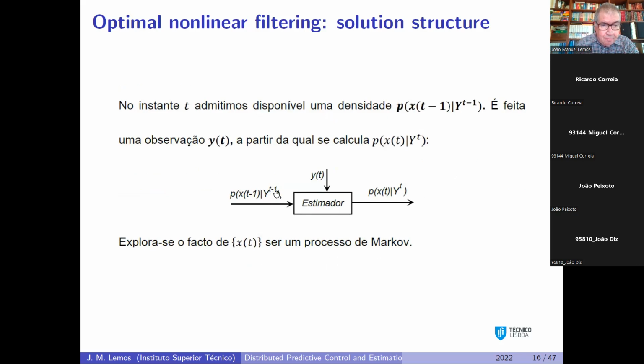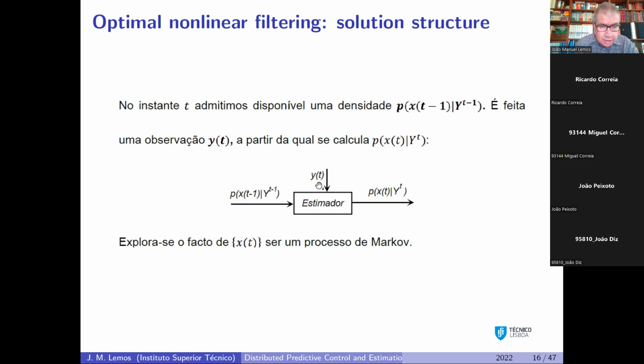Then you make the current observation yt, and you want to combine yt with this conditional probability density function to get the updated probability density function of the state given the new set of observations.